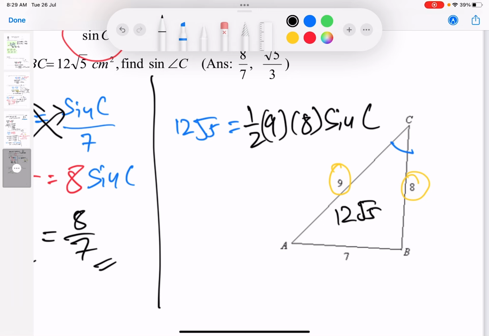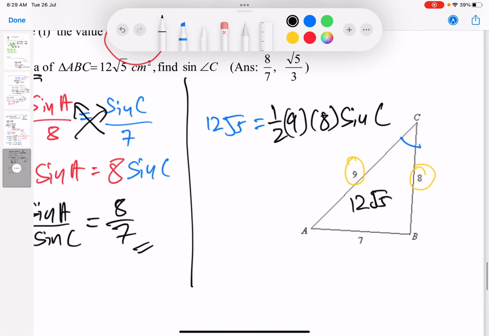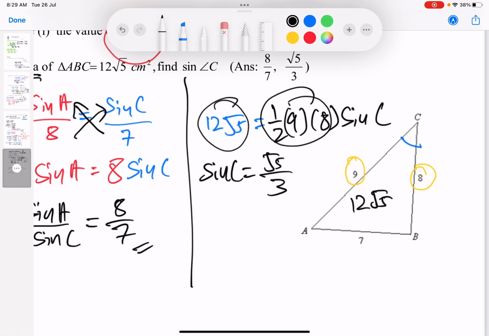You can, right? You just need to use your calculator very quickly. And if you just do some manipulation, your sine C will give you square root 3, square root 5 over 3. Just enter this in your calculator and you divide by 12. And then you get the answer to find out what sine C actually is.